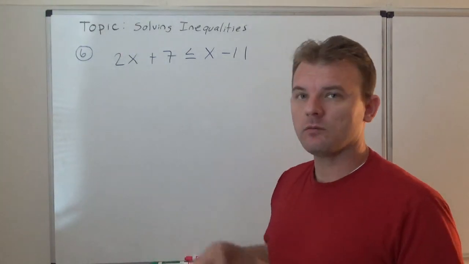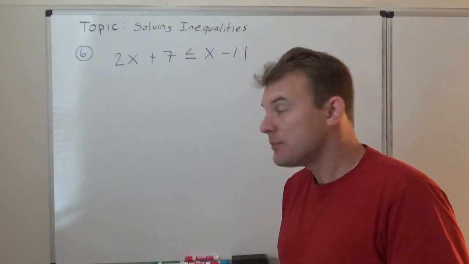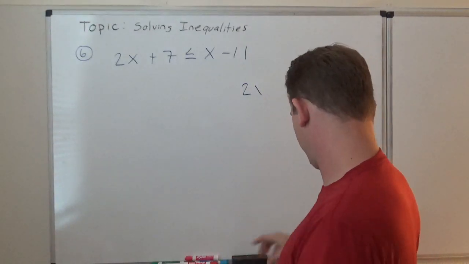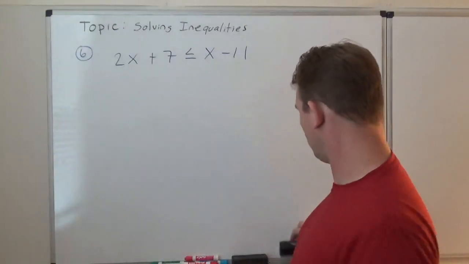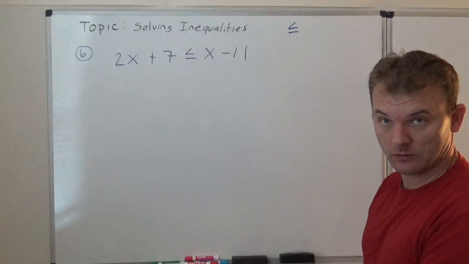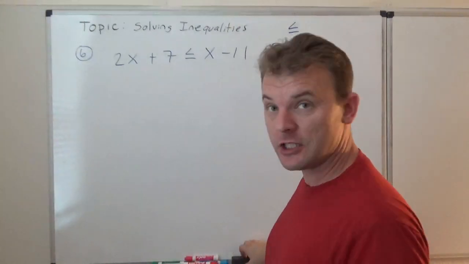But maybe you don't like dealing with inequalities, so some students might do this for now. Just make sure you note that this is less than or equal to, because what I'm going to do might surprise you.